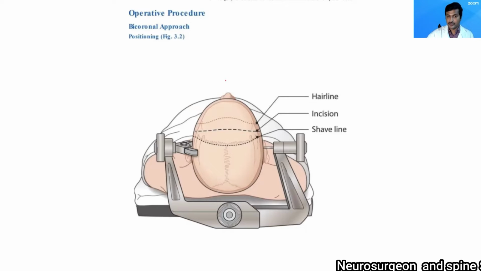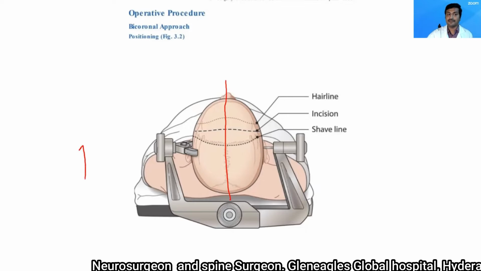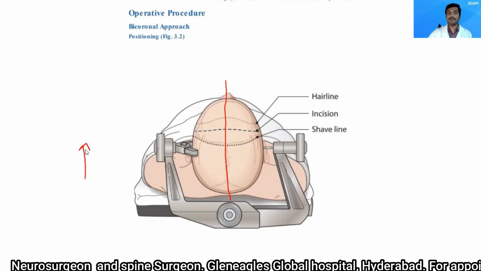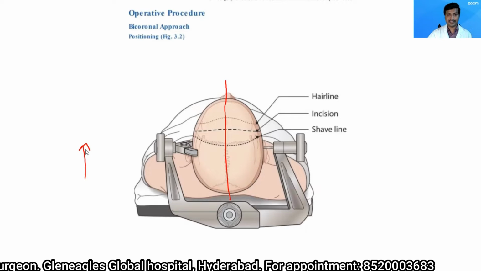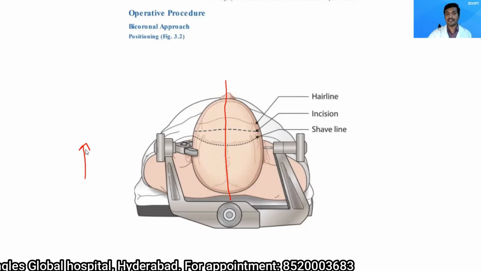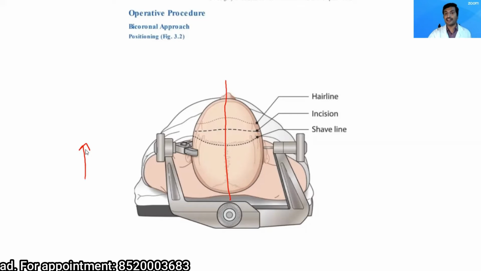I keep the head neutral in the midline. We slightly elevate the head end so that it is above the heart level. This ensures adequate venous return, and decreases the swelling of the brain and also the amount of venous ooze in the brain.